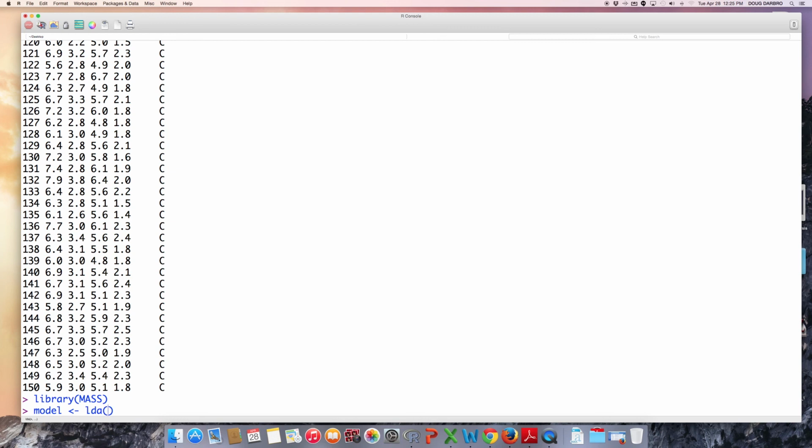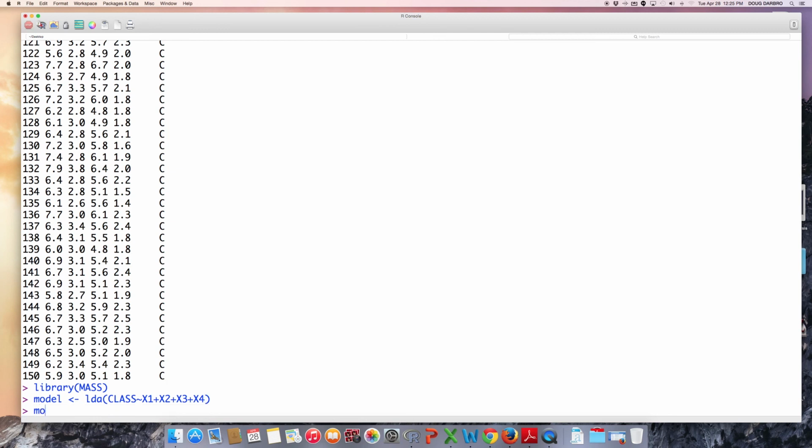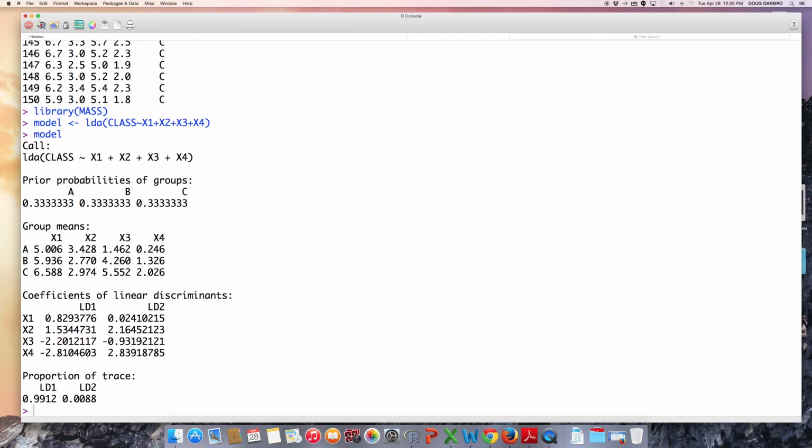Again, linear discriminant analysis. And here I have class tilde x1 plus x2 plus x3 plus x4. And that's all I want to do right now.